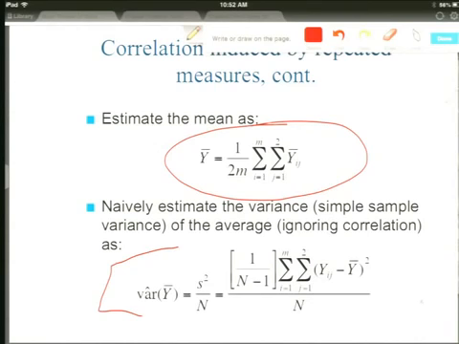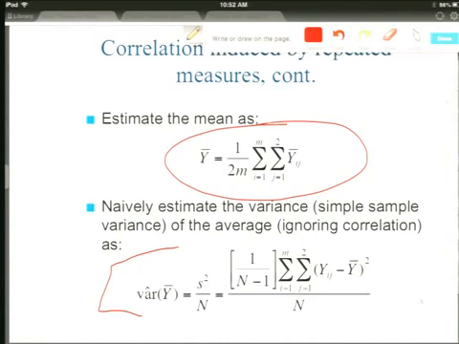So the question is, is that okay? Why am I getting the sample variance anyway? What do I care about? Not the sample variance, but the variance estimate of y bar. I have the estimate. Is that not enough? Okay, why? Right, exactly.